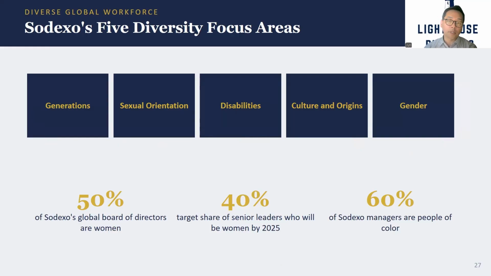The company's former CEO set a target for 40% of all senior leaders to be women by 2025. And about 60% of Sodexo's managers are people of color. These are ambitious, measurable targets, not vague statements of good intention, which is exactly the kind of accountability that we should follow.